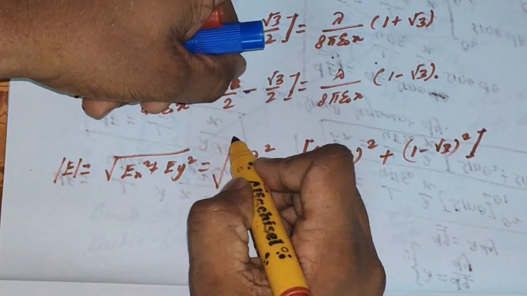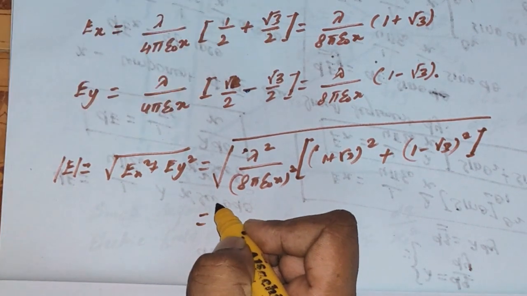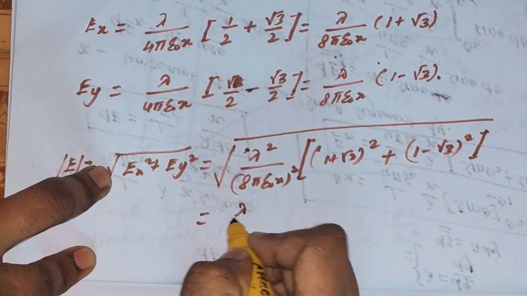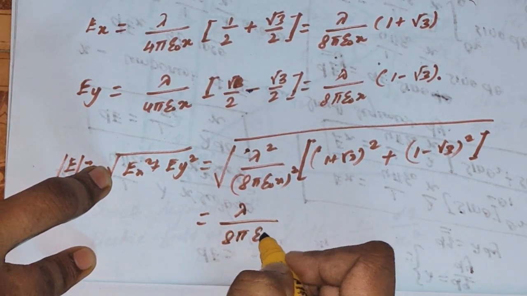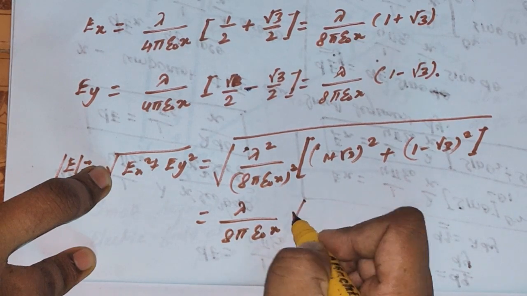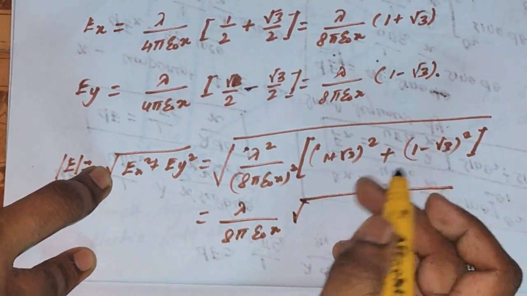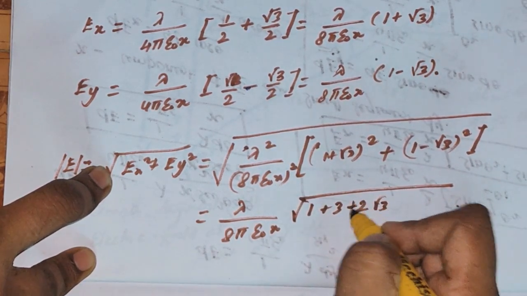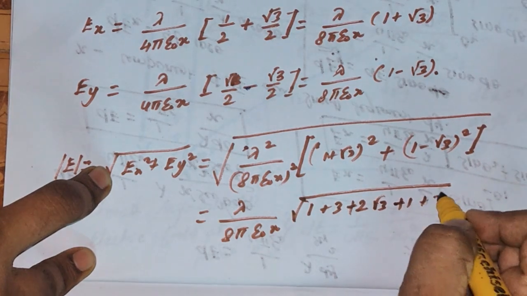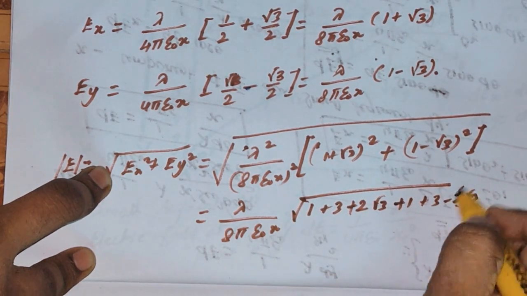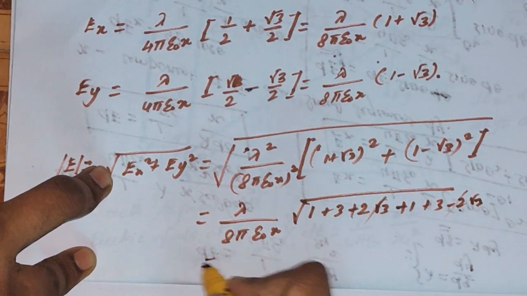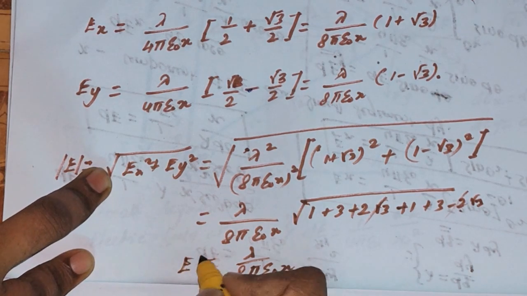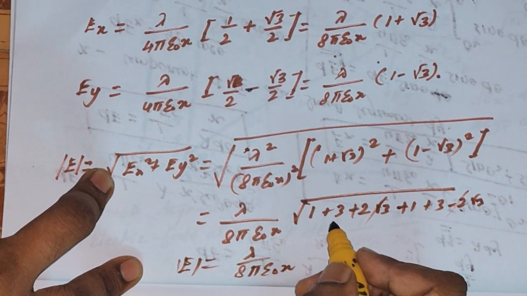Since these squares are common, you can take them out, and the square root will cancel the square. Inside, a plus b whole square plus a minus b whole square: 1 plus 3 plus 2 square root 3, plus 1 plus 3 minus 2 square root 3, the plus 2 square root 3 and minus 2 square root 3 get cancelled. It will give the total electric field strength at point P.